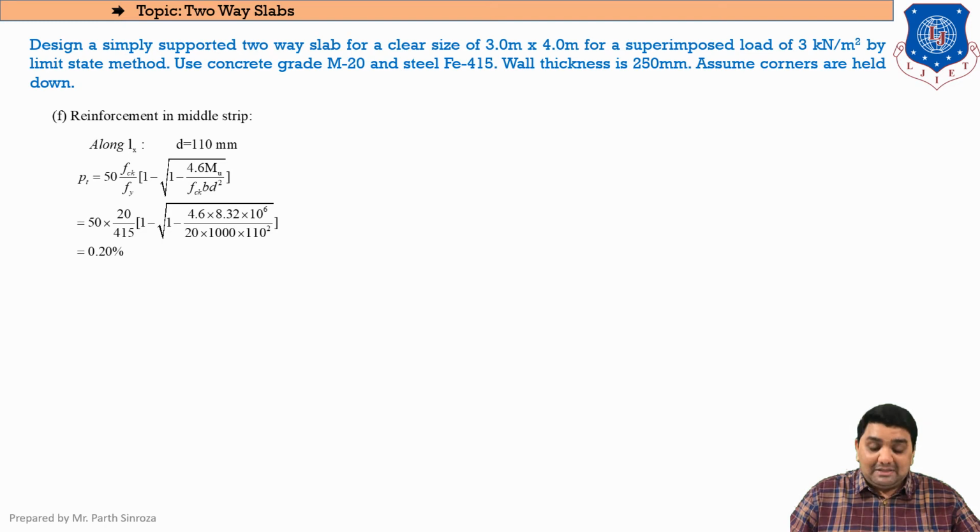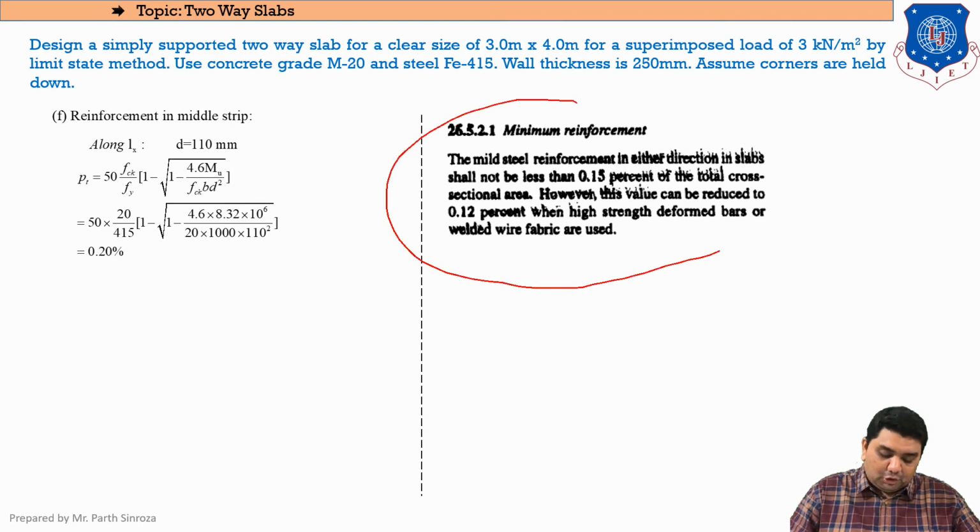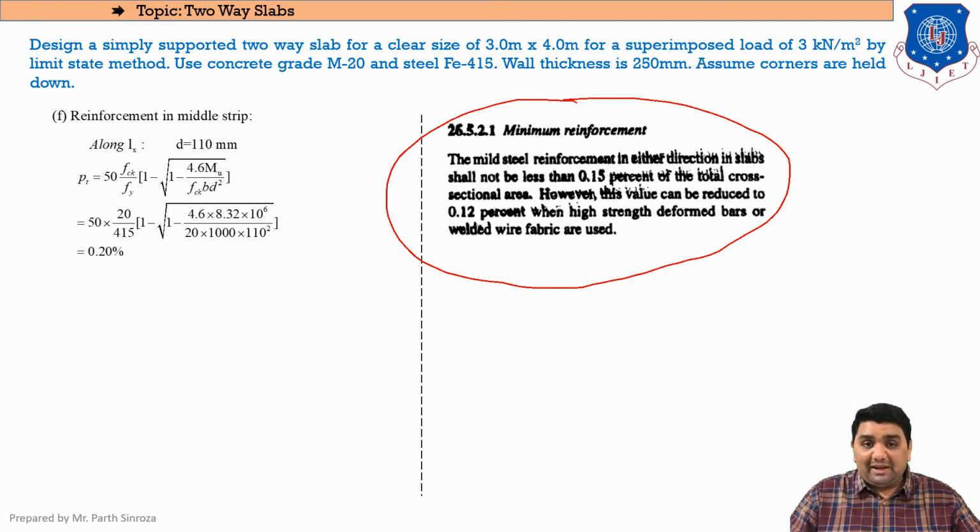But keep in mind, still you need to check one thing, and what is that thing? Here you can see in this figure itself that the minimum reinforcement criteria should always be maintained. As per our clause of minimum reinforcement, if we are designing a slab in whichever section, either mid span or end span, our minimum criteria should be maintained.